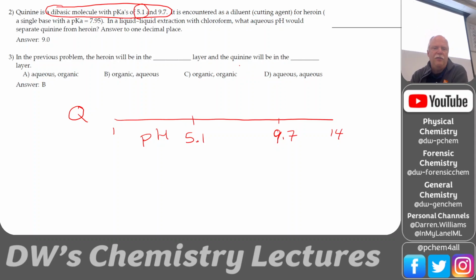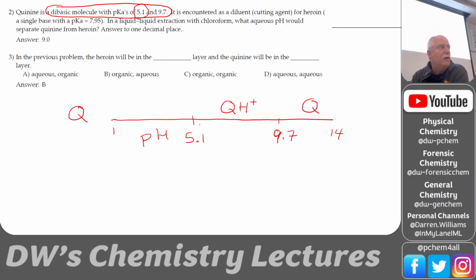So what kind of species do we have in these different regions? So if this is quinine and it's a dibasic molecule, we're going to put it over here where it's just quinine. If we go past 9.7, what does it become? That first base becomes protonated. So we have QH+.